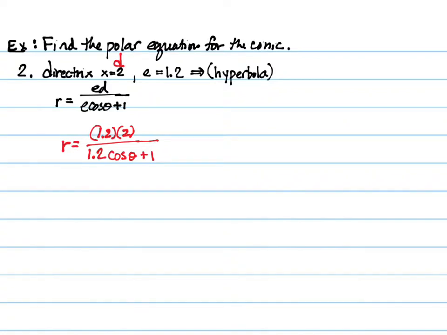Okay, really all we can do in terms of simplifying is just to clean up the top and write it as 2.4, right? So 2.4 divided by 1.2 cosine theta plus 1, and this would be the equation of this hyperbola that I identified. So this one was in case 1.